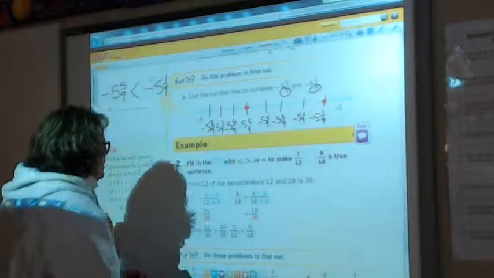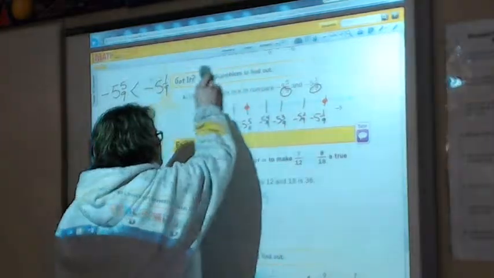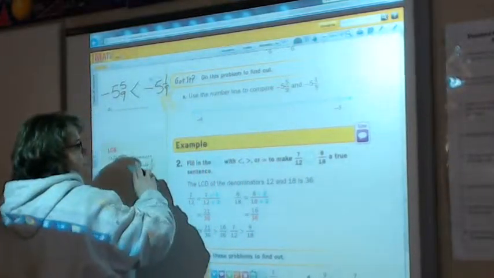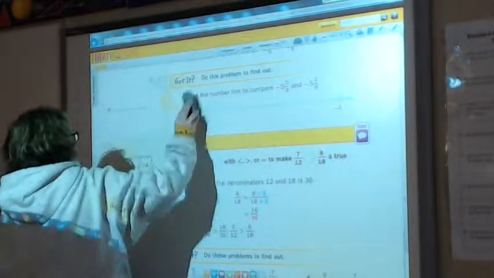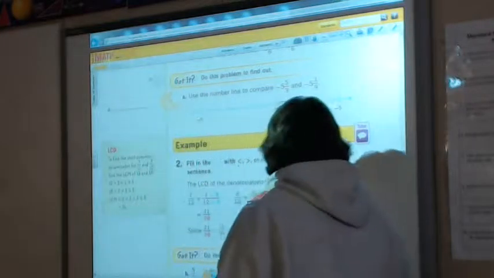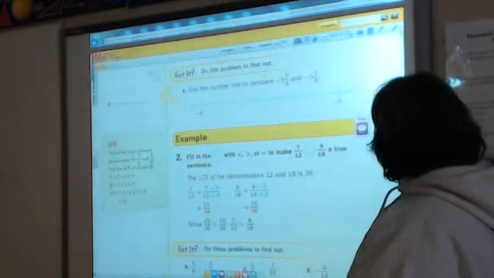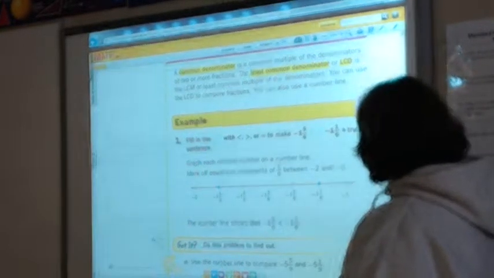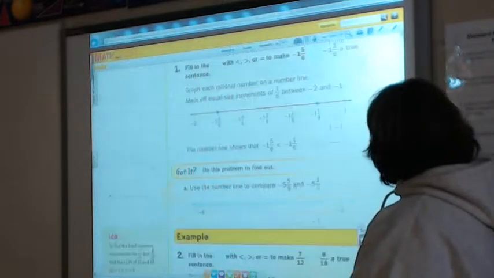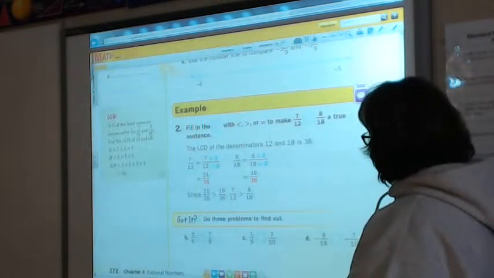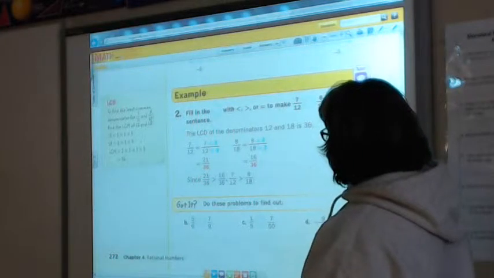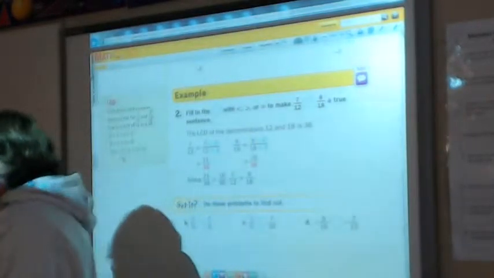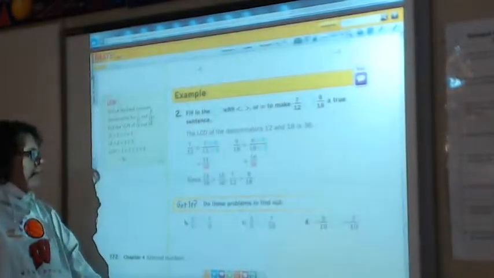All right. Let's jump down to example number 2. Example number 2 now has you comparing fractions by getting a common denominator. So this is using equivalent fractions to compare.